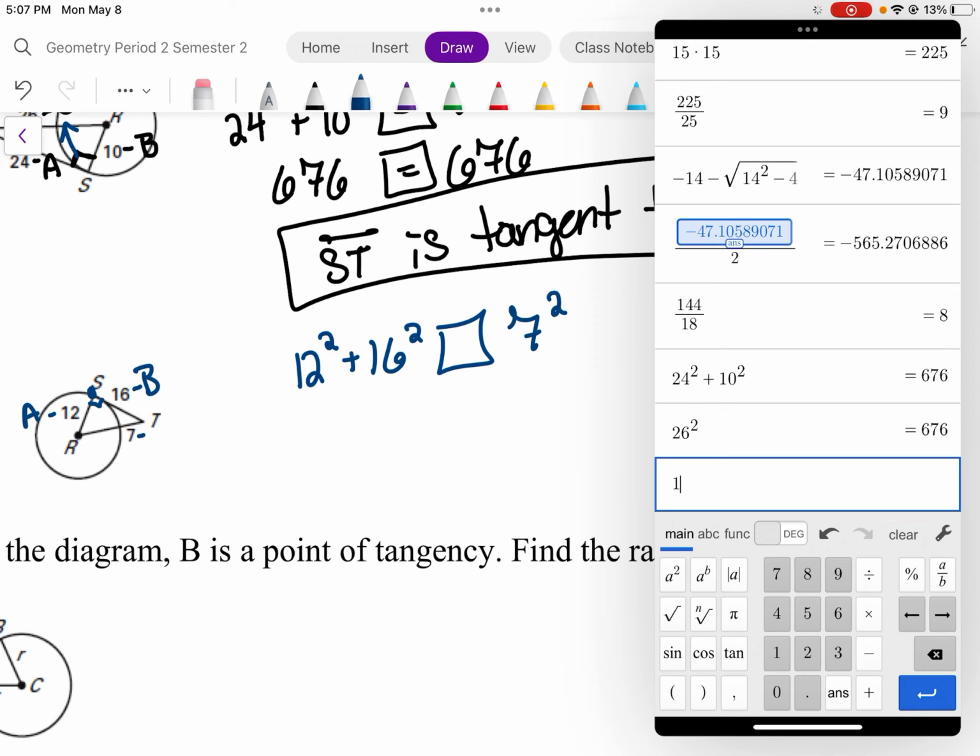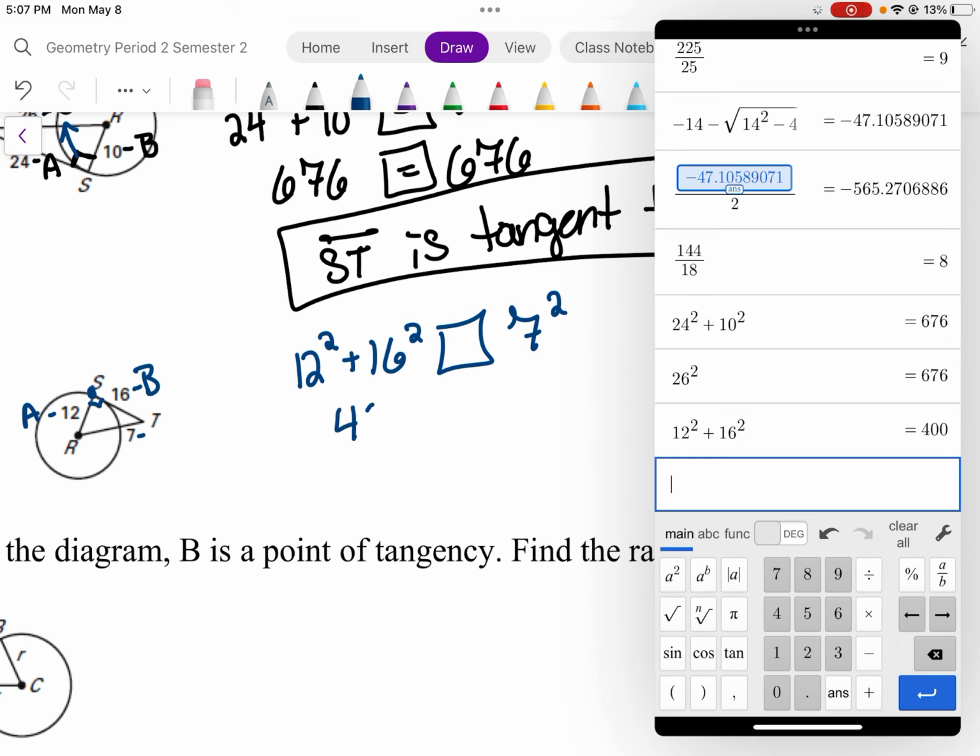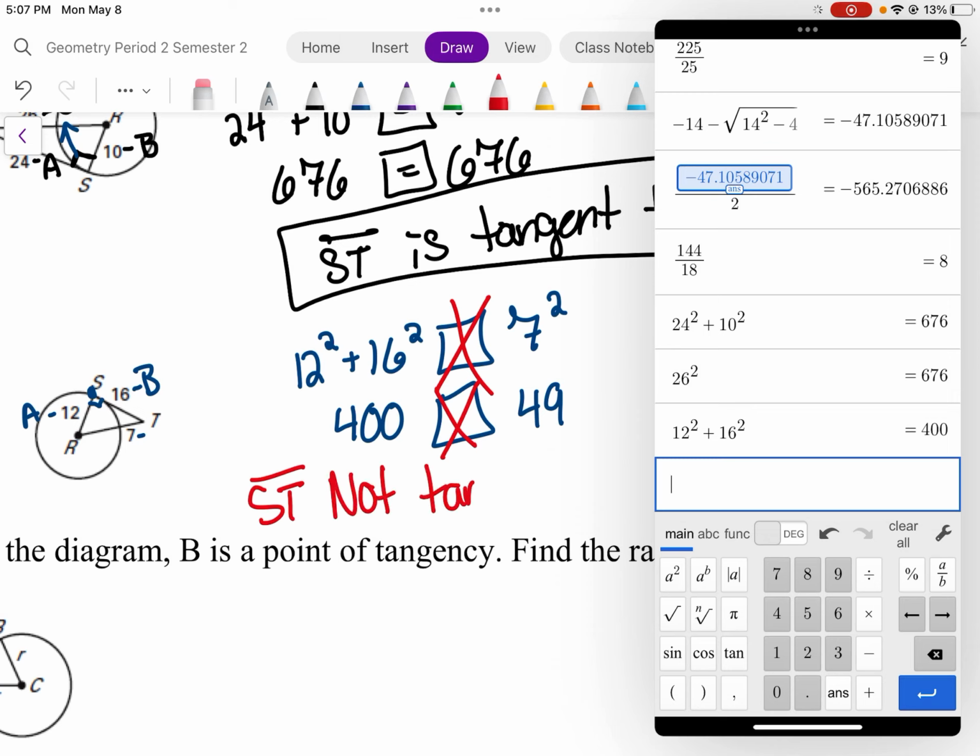So if we look at this, hopefully you can see just by looking at it that it's not going to be a right triangle. So those two are not going to be equal. So because they're not equal, ST is not tangent. And that would be our answer.